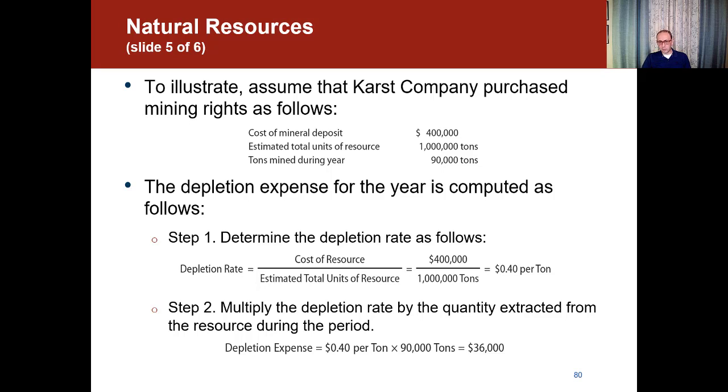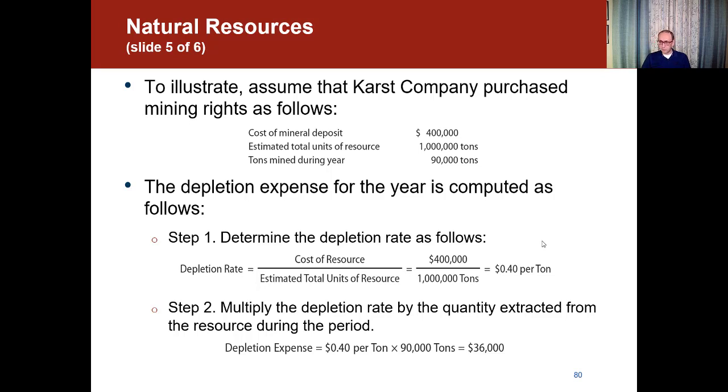The first step, again, we have to calculate the depletion rate, where we get the cost of the resource divided by the estimated total units of the resource. The cost in our case here is given to us as 400,000, so we use the 400,000, and the estimated total units of resource is 1 million tons, so we divide it by the million tons, and it turns out to be 40 cents per ton.